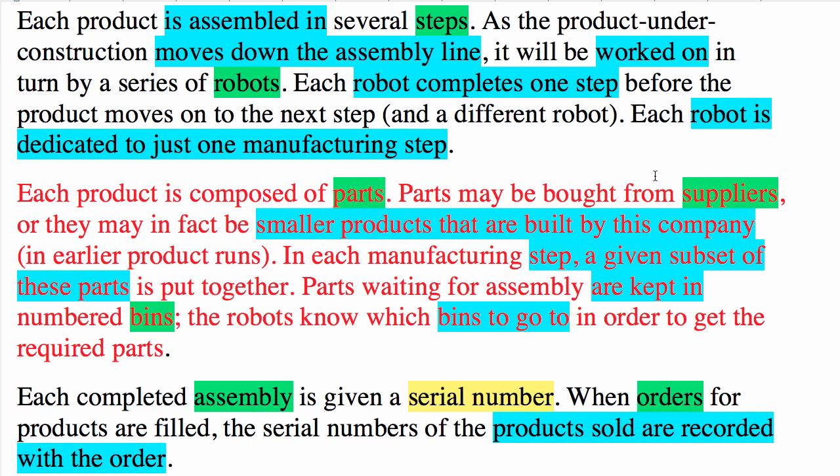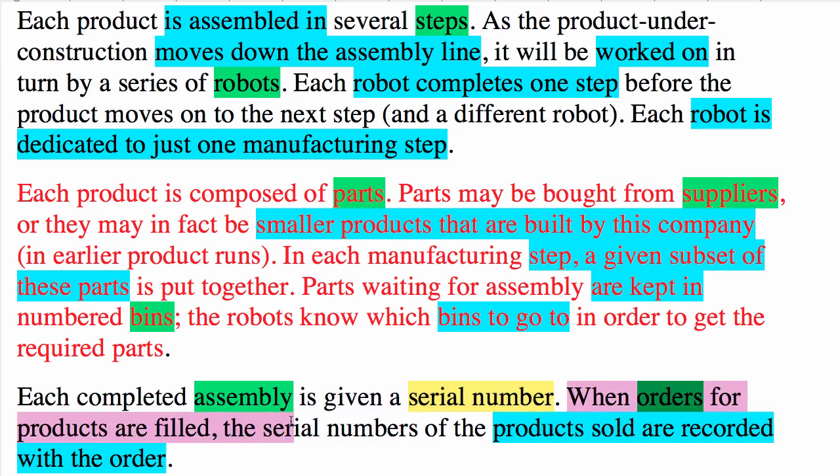We haven't yet dealt with the bins. Okay, we have to be able to say that product type is found in a particular bin. And we also have to talk about this notion of the order. Okay, so when orders for products are filled. That's this part down here.